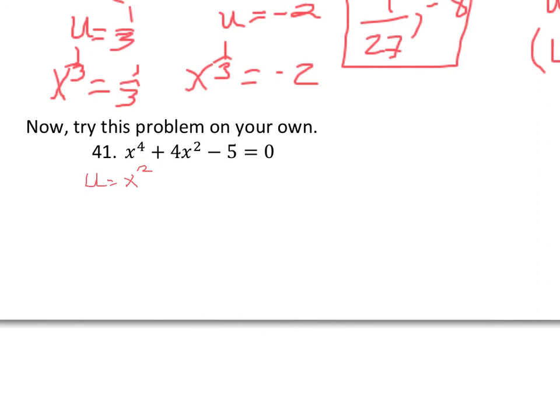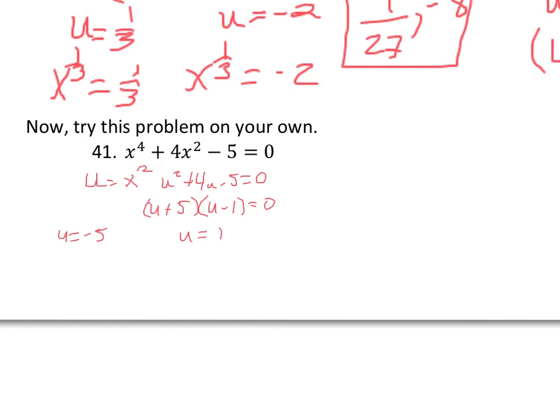So that gives us u squared plus 4u minus 5 is 0. Factor it. We're going to go u plus 5 and u minus 1. So u is negative 5 and u is 1.